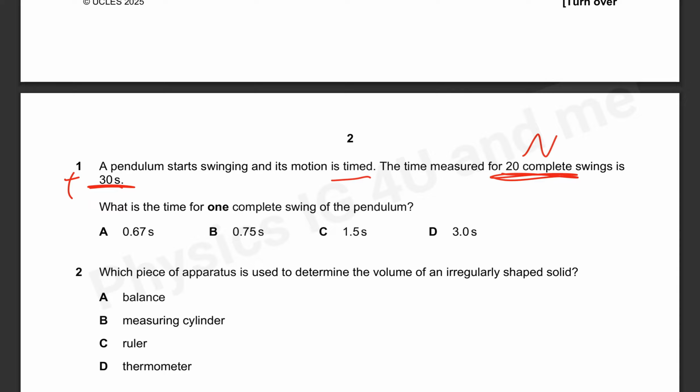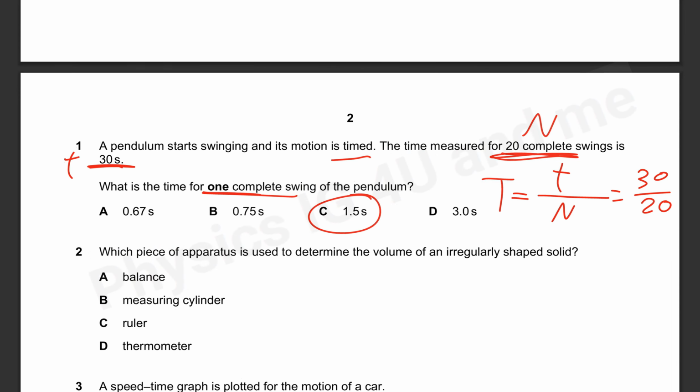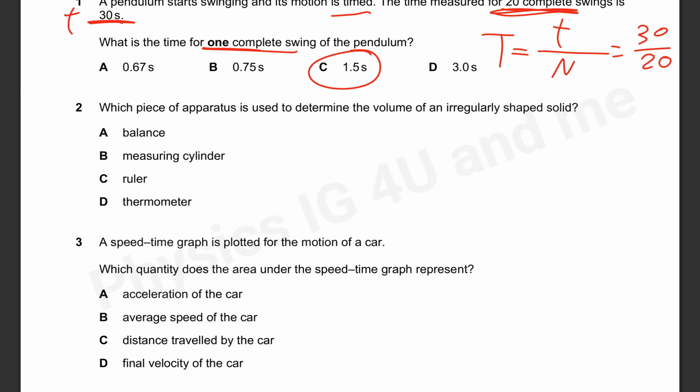The question says, what is the time for one complete swing? In general, the time for one complete swing is the total time over the number. So it's going to be 30 over 20. If you divide, you will get 1.5 seconds. The answer is C. I hope it's clear.